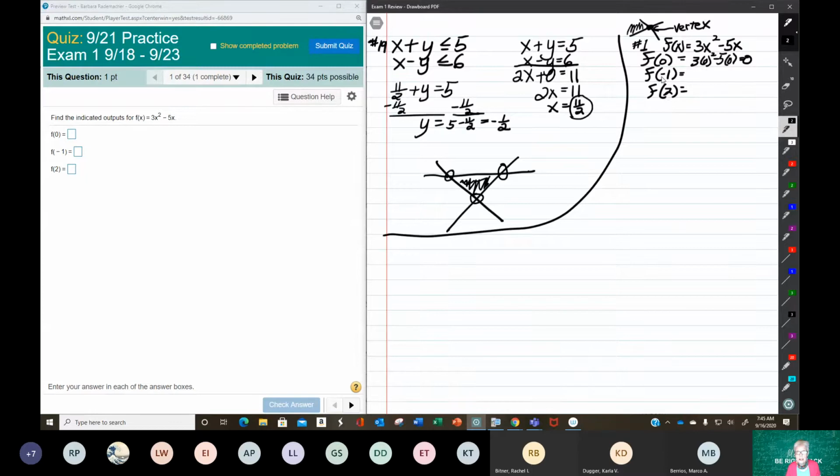Negative numbers are particularly dangerous. You have to put them in parentheses, or you could mess up totally. 3 times (-1) squared minus 5 times (-1). Now I'm going to mark that out and bring it down here, so I'll have more room.